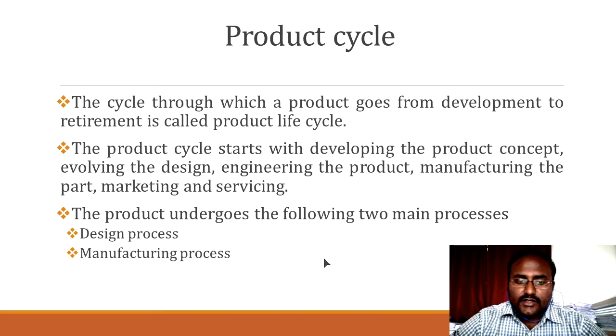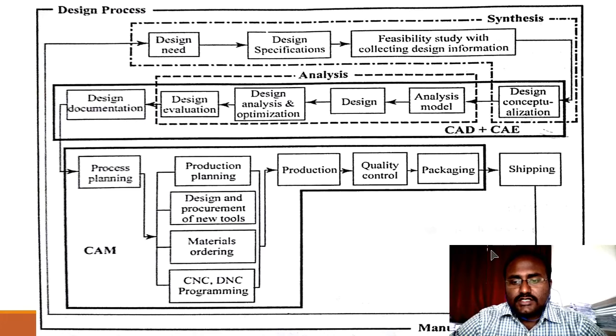Okay. So normally the product cycle undergoes two main processes, that is design process and manufacturing process. This is a product cycle flowchart. So in design process, first you have to identify the recognition of need. Then you have to start the design specification.